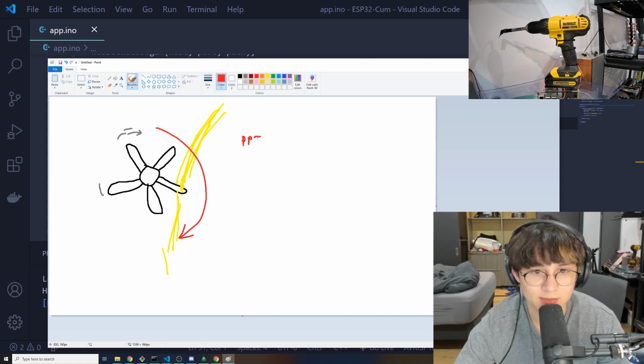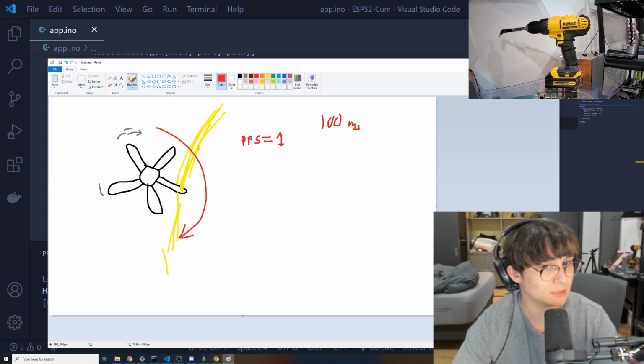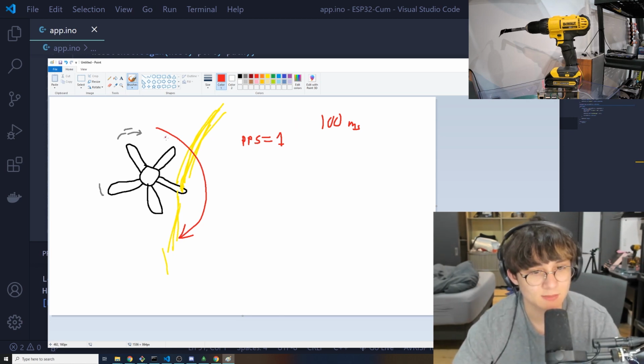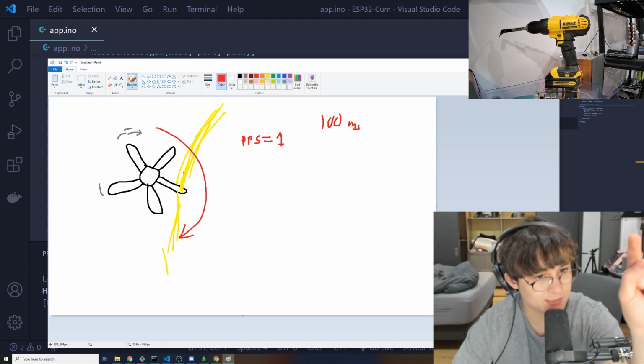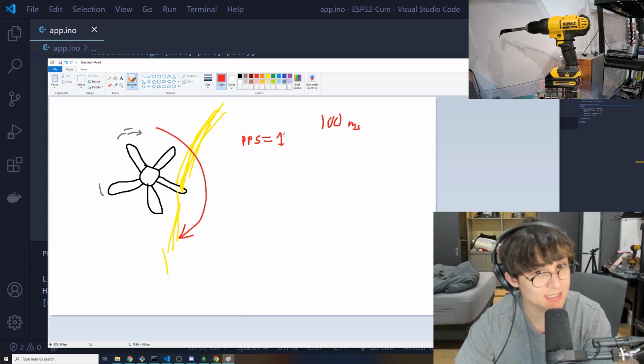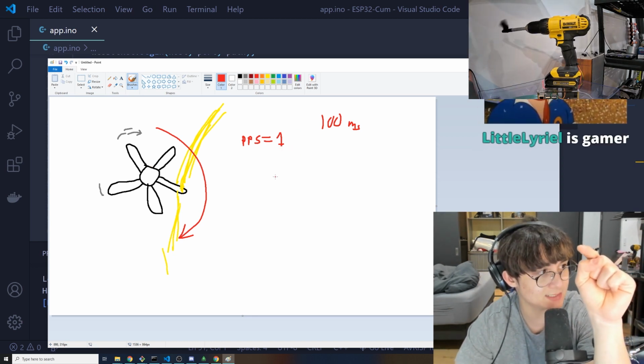PPS is equal to 1. And what we were doing before was sampling over 100 milliseconds. What I'm thinking is that 100 milliseconds is far too short for human peeing. So I think what was happening is it rotates once, and then that gets counted for the PPS, and then it rotates about a half, and that is not counted.